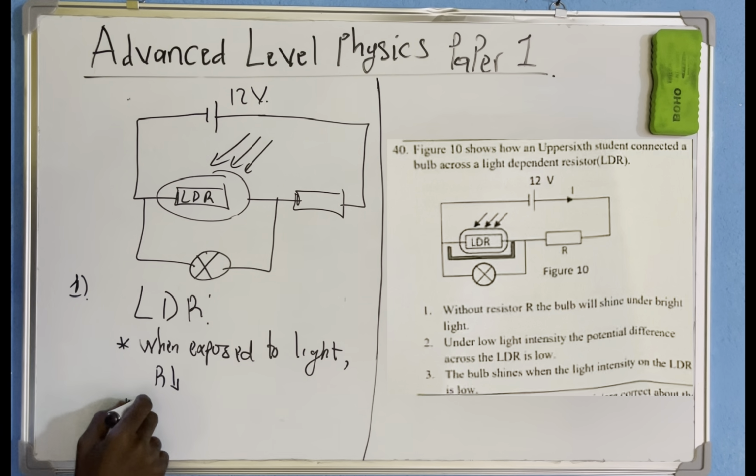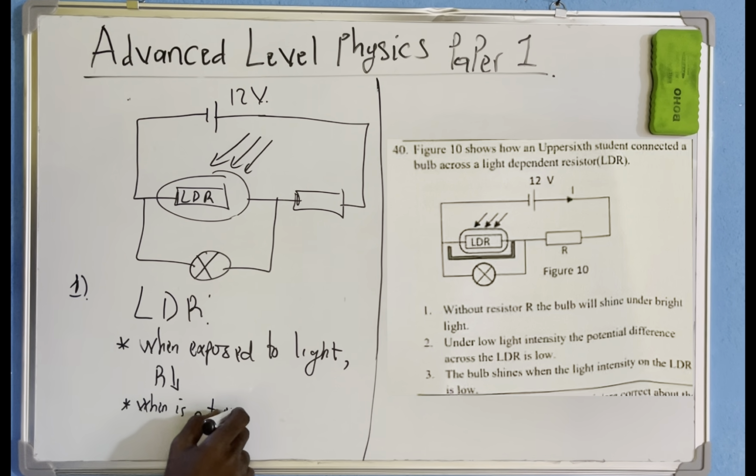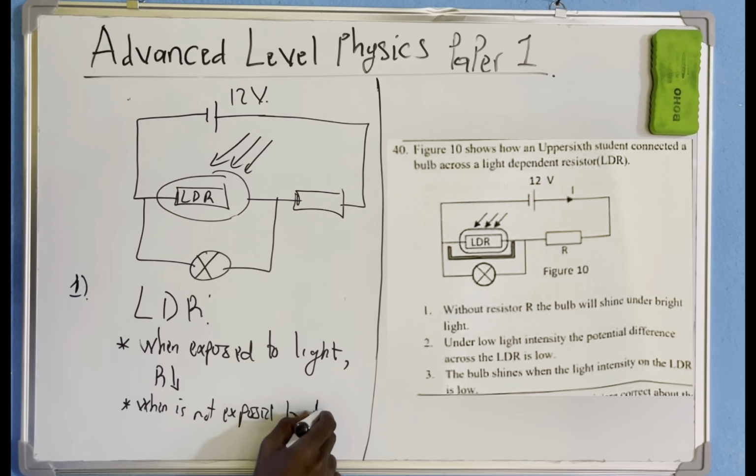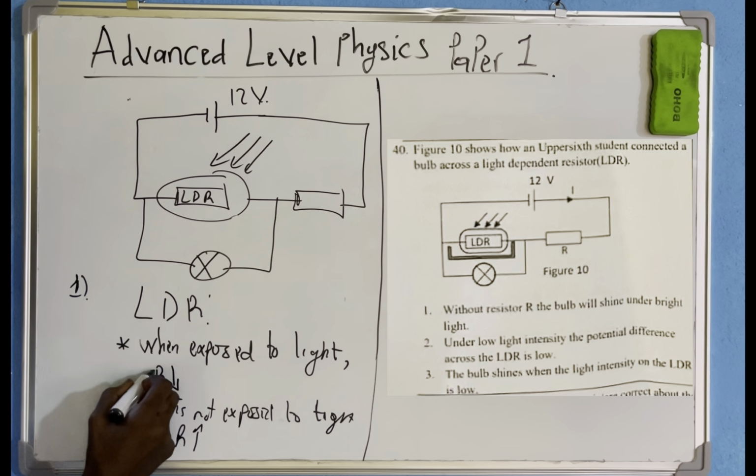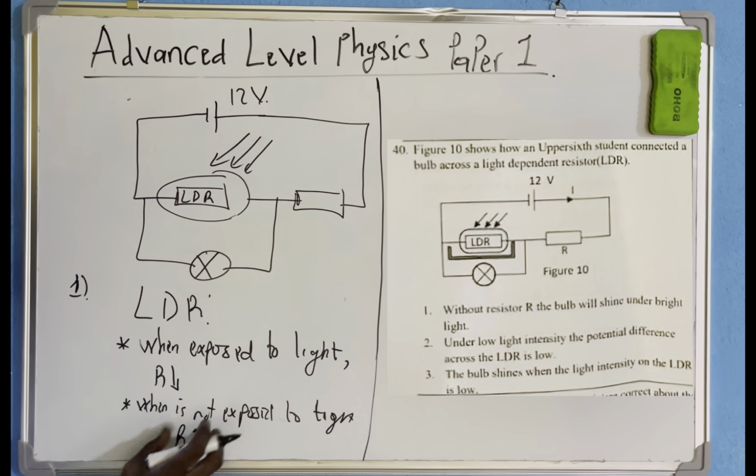And when it is not exposed to light, the resistance of the LDR increases. So the resistance reduces when it is exposed to light, and the resistance of the LDR increases when it is not exposed to light. So that is what you should first of all know.